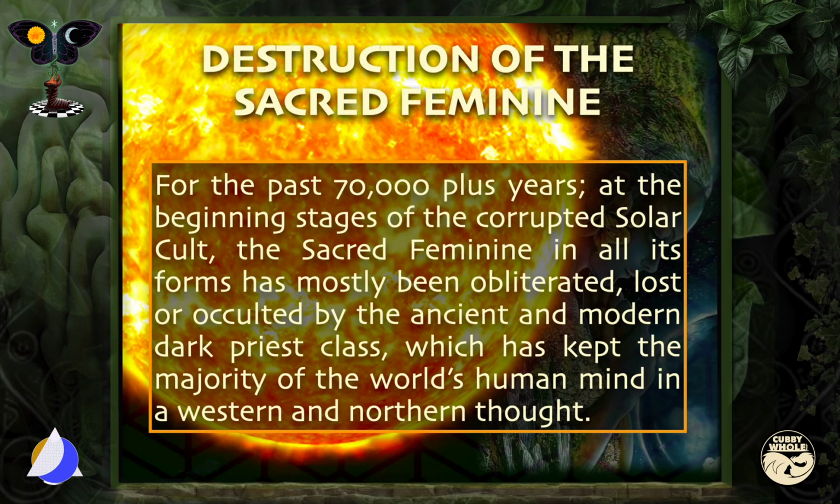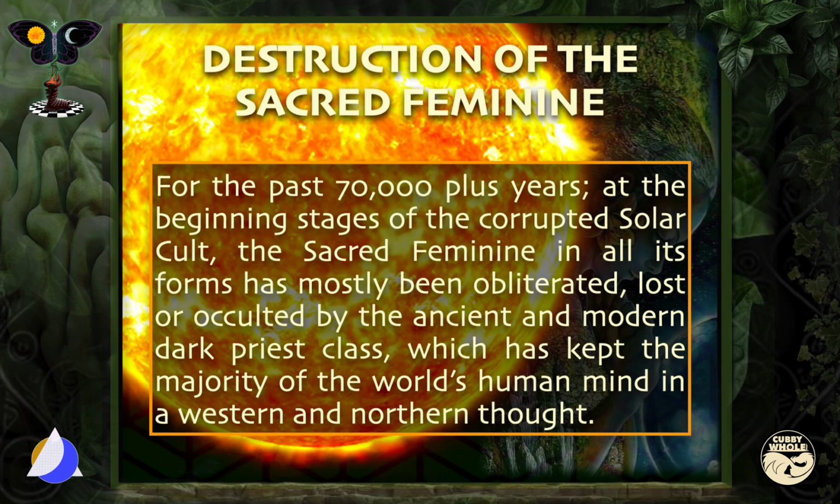Now, the destruction of the sacred feminine is the result of what has happened since we went into venerating in the day sky, when we made the sun the most high. Okay, because that's what it's about.